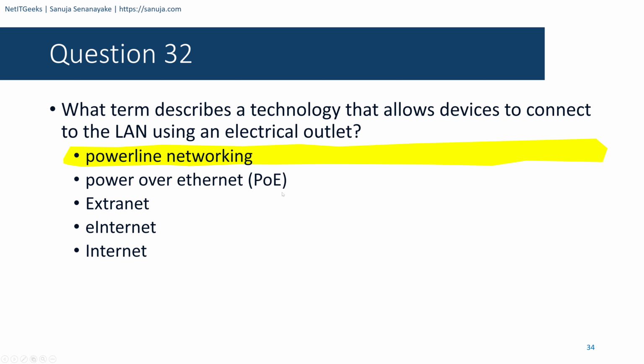So that's what power over Ethernet is. So the answer to this question is power line networking, which uses the electrical wiring instead of network wiring to connect networking devices within a local area network.